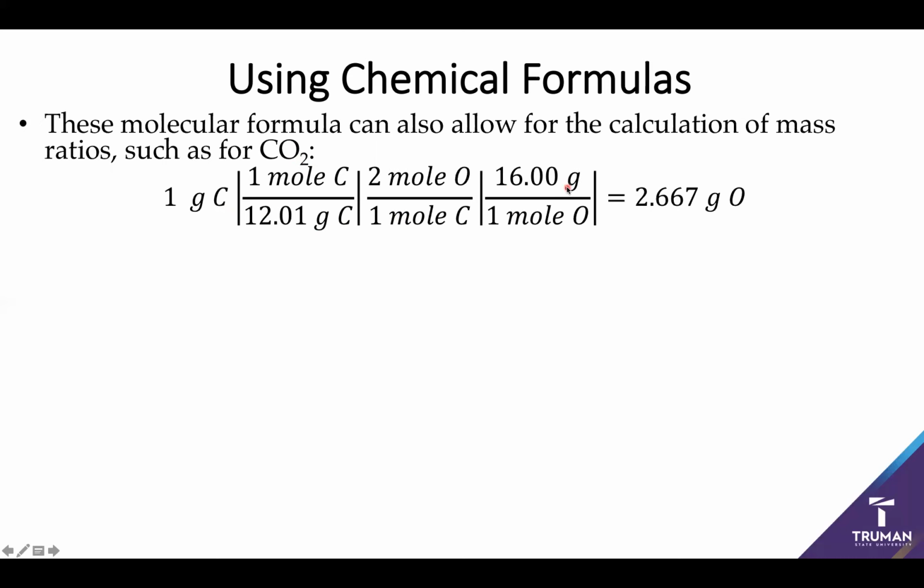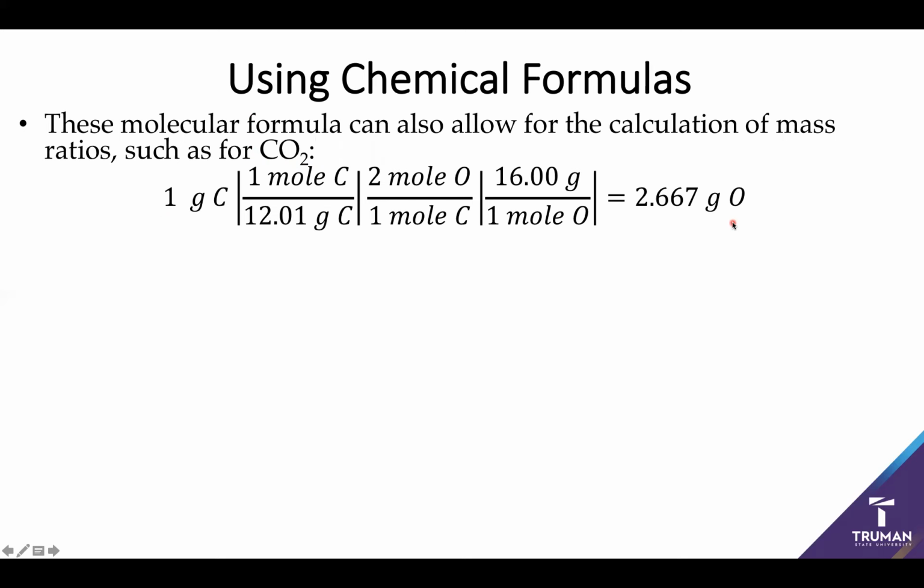And then I can use the atomic weight of oxygen. If you watch out, you can simply cross out all of the various units. And we find that for every 1 gram of carbon, there should be about 2.7 grams of oxygen present. And again, this is the exact number that was originally used to define what CO2 was before they ever even knew what an atom of carbon or an atom of oxygen was. These are those definite proportions.